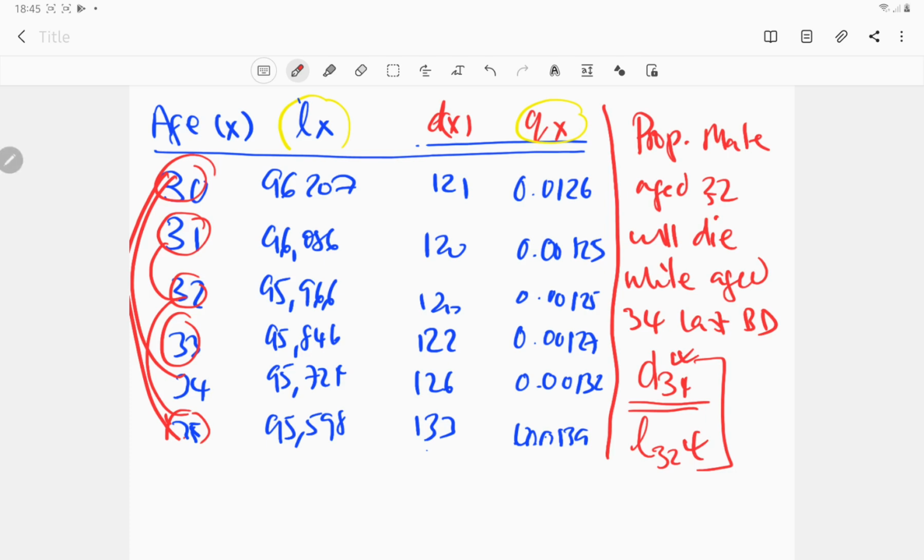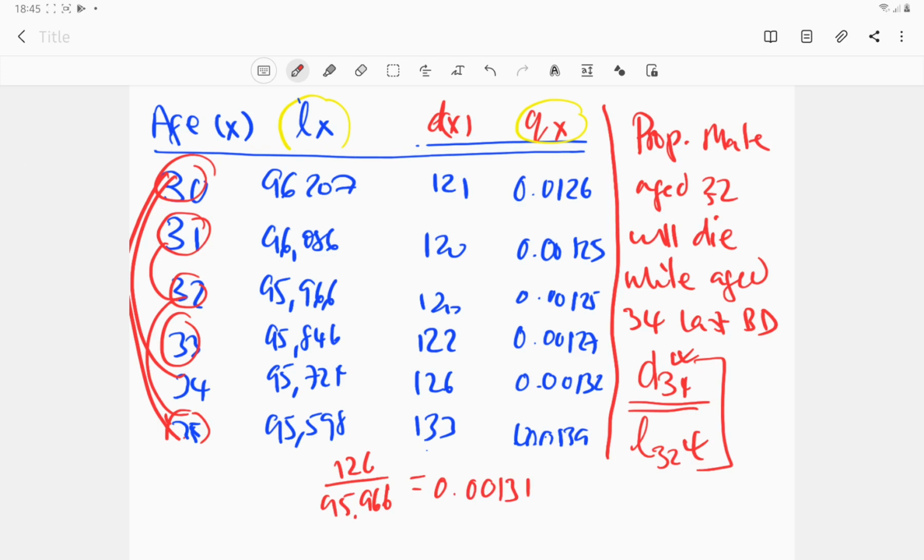If you take the calculations, you take 126 divided by 95,966, and the proportion of dying is 0.00131. So people experience that particular probability.